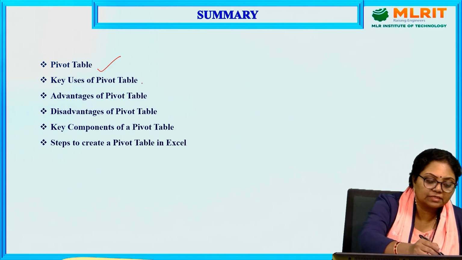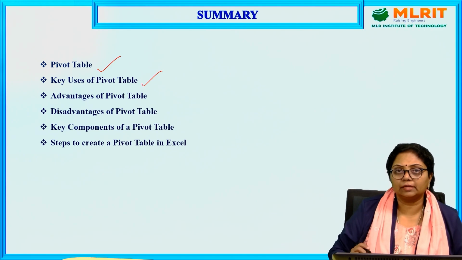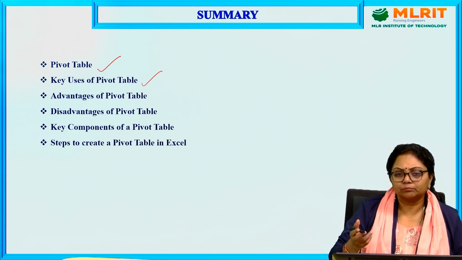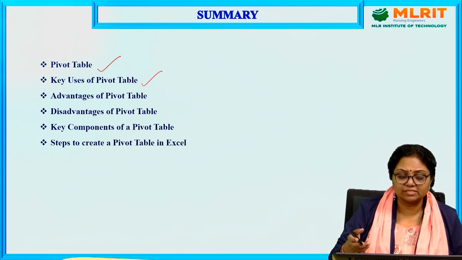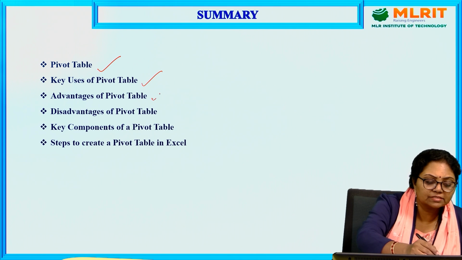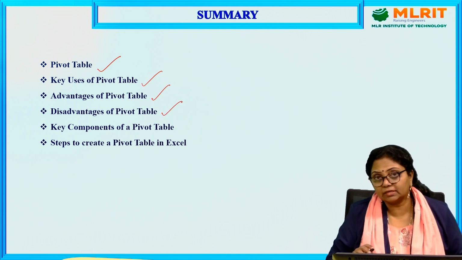So there are certain key uses of pivot table. Pivoting means we can either change the rows into columns and columns into rows. We can summarize the data. We can get a large amount of data into meaningful insights. All these advantages are there. And when there are advantages, there are certainly some disadvantages.